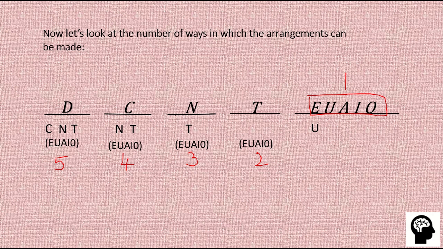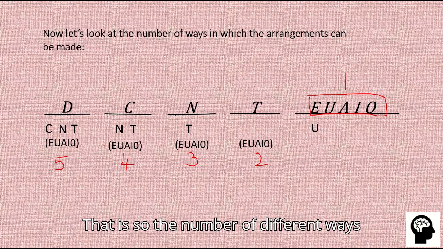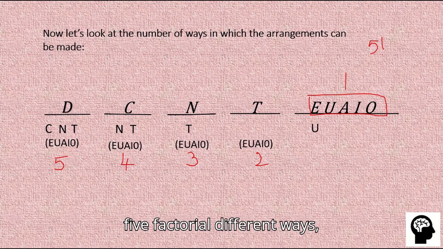D, C, T, N and the vowel set, that is 5 in number. So the number of different ways are 5 factorial. Now internally the vowel set can be arranged in 5 factorial different ways.